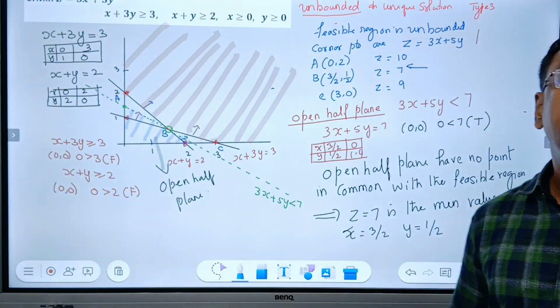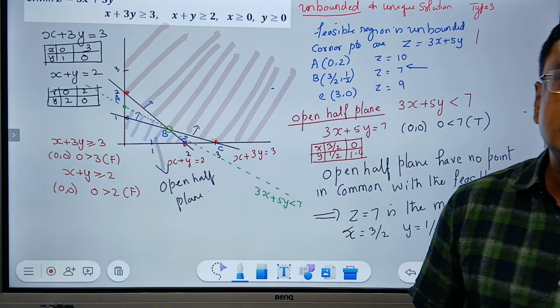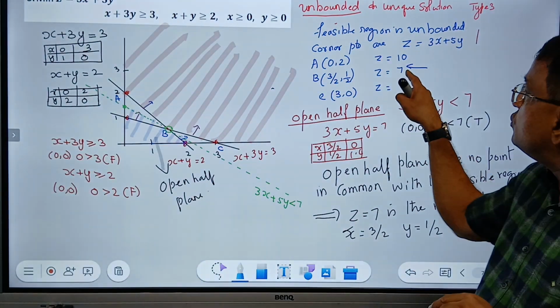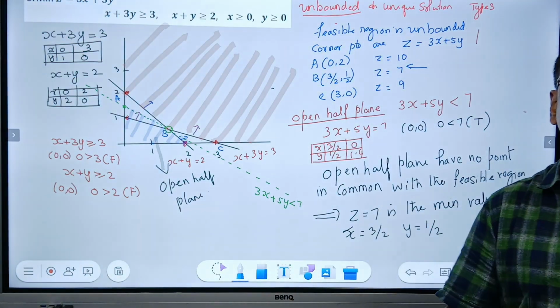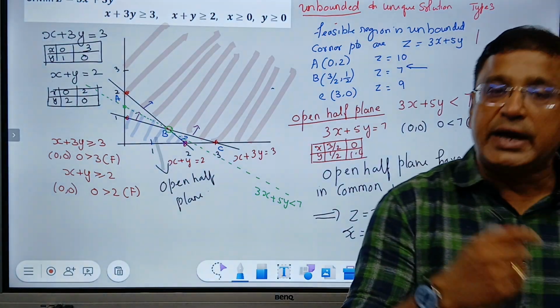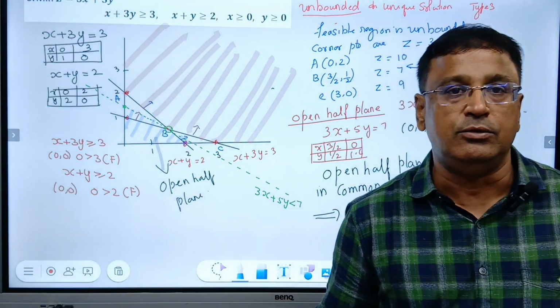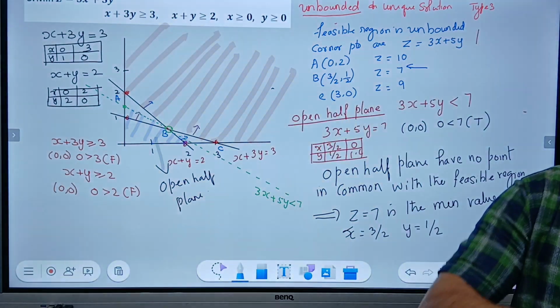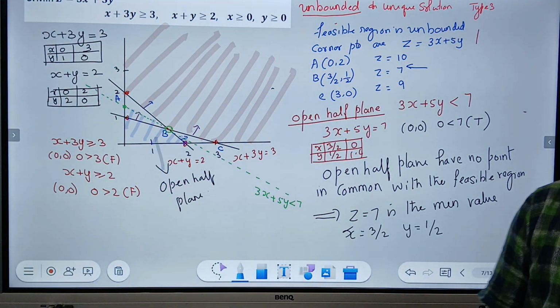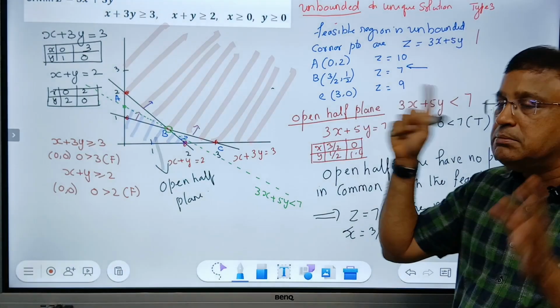If it does, and the question is to minimize, then it will not have a minimum value. If the question is to maximize, it will not have a maximum value. If the open half plane has no point in common with the feasible region, then 7 is the minimum value.